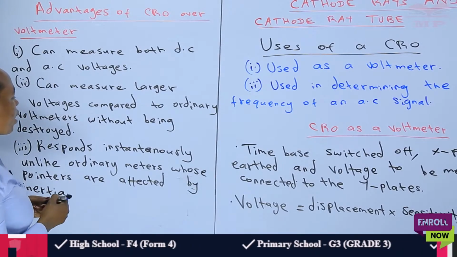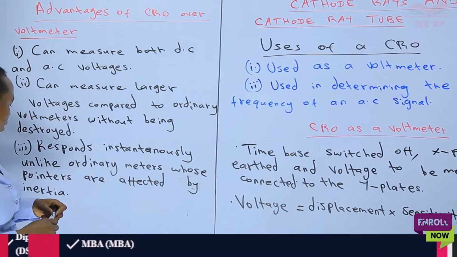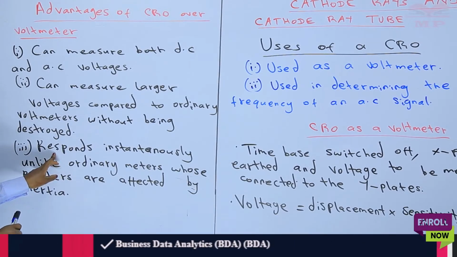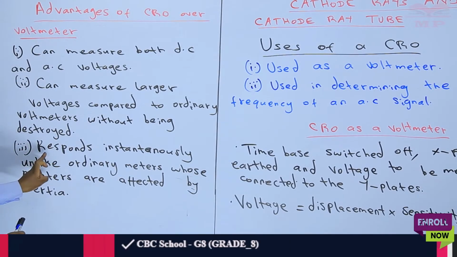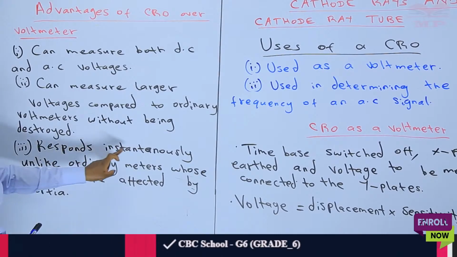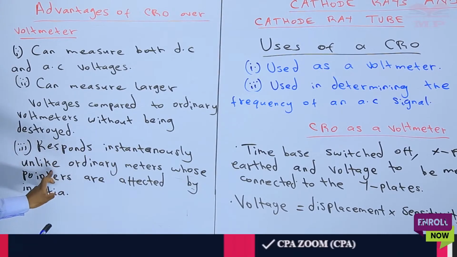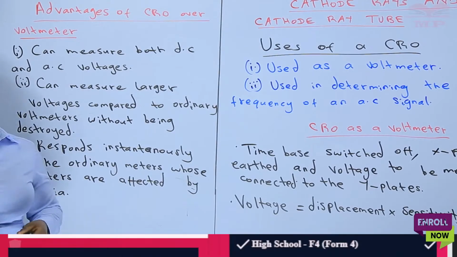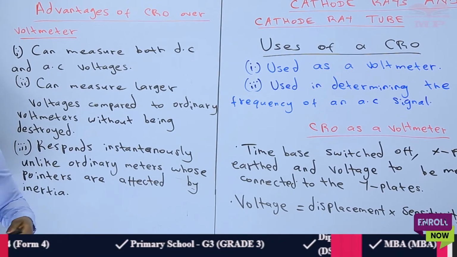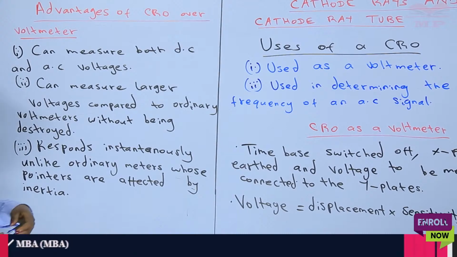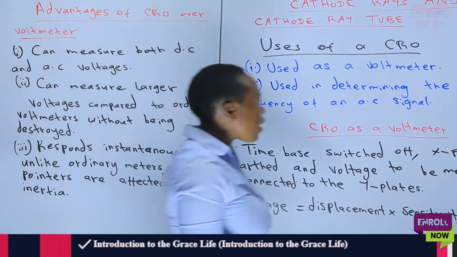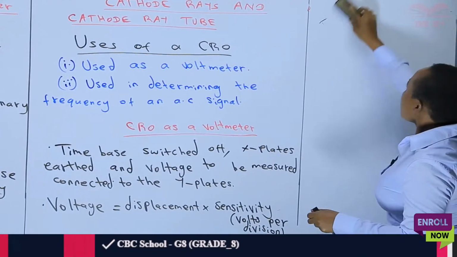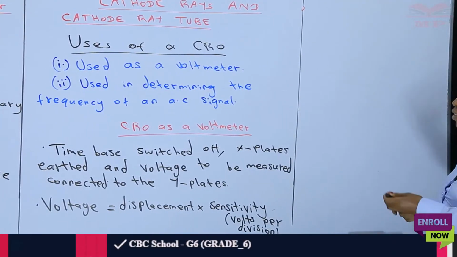They will swing about the point before they show the actual reading. But the CRO will respond instantaneously.